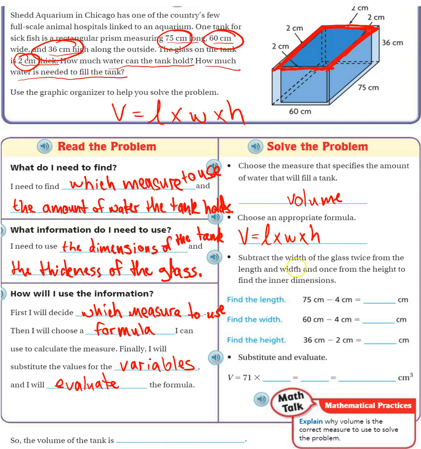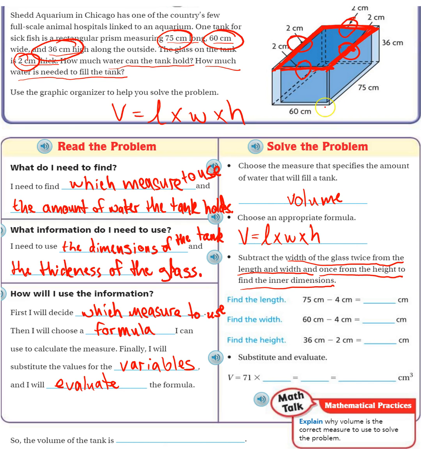Okay. Subtract the width of the glass twice from the length and the width and once from the height to find the inner dimensions. We have to subtract it twice because you have 2 centimeters on this side and 2 centimeters on this side for a total of 4 centimeters. 2 centimeters on this side, 2 centimeters on this side.